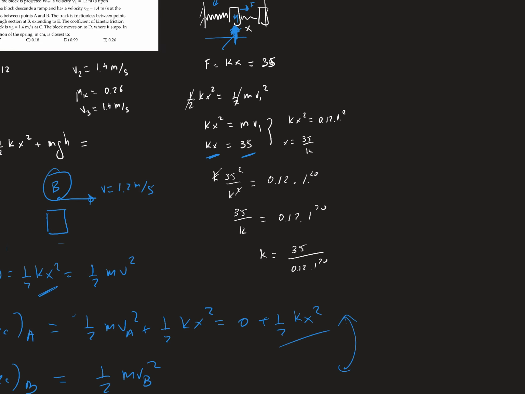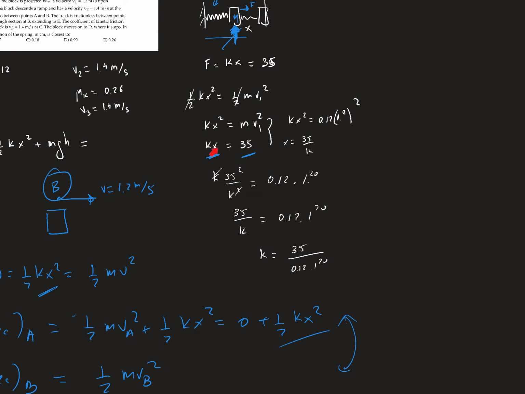The first equation says that 1/2 kx squared is 1/2 mv squared. It would say kx squared equals mv squared, so I made a mistake here, okay. The other equation says that kx equals 35.